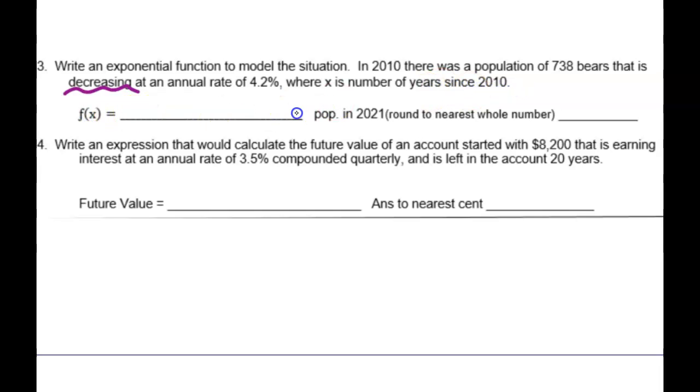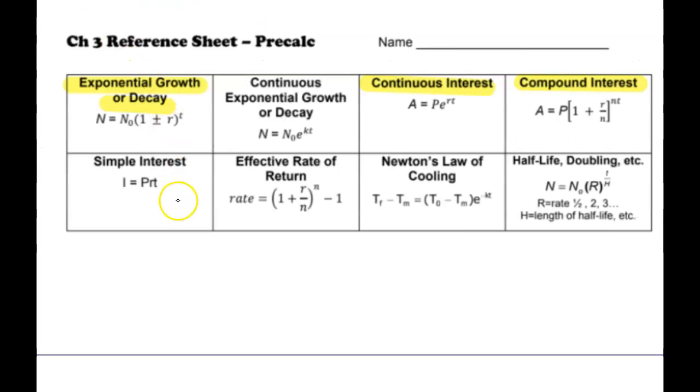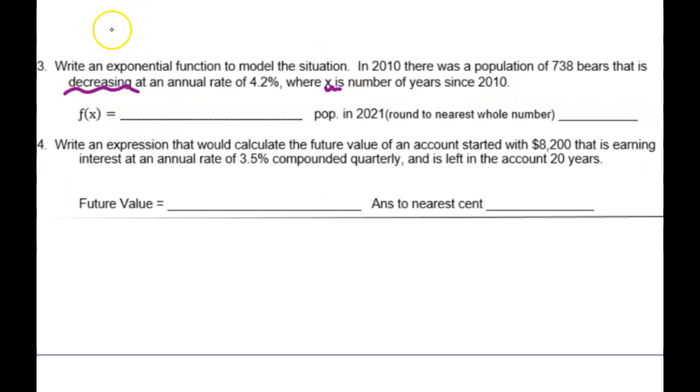So first write the function with x, and then figure out what happens to the population in 2021. Anybody start me out? Which of those are we using? Just this guy, yep. So the original number of bears was 738.